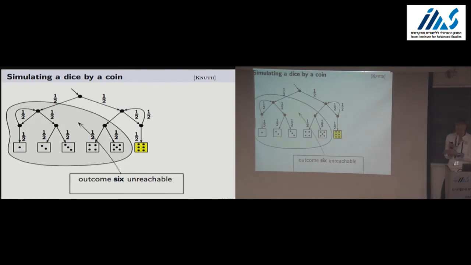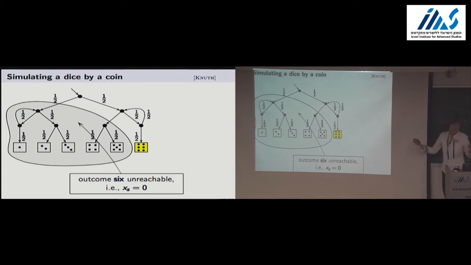So the first observation is, in all these states here on the left, in this gray area, you cannot reach the outcome 6, which means if x_s is the probability to reach outcome 6 from state s, then in all these cases the probability is simply 0.